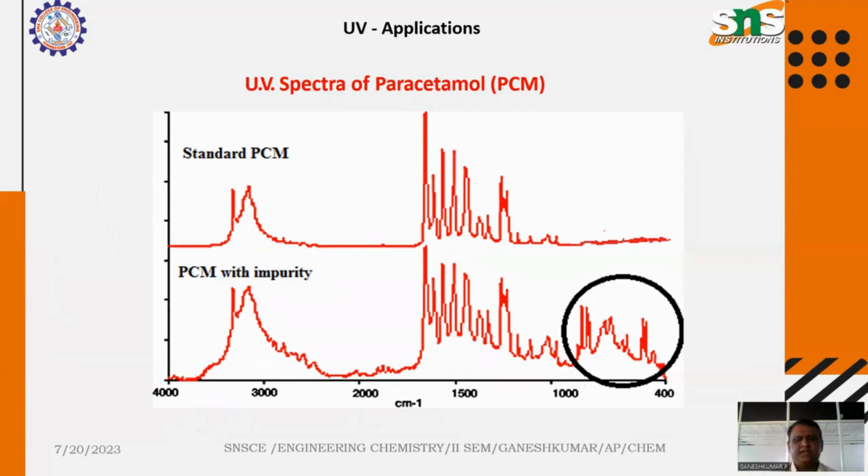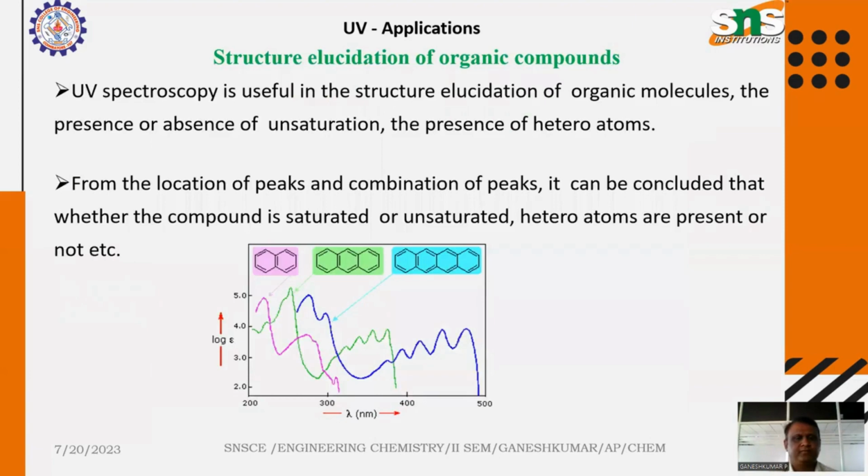In the first one, at the end of the spectrum, there is a straight line. But in the second one, in the range of 1000 to 400 nanometers, there are some peaks which explain that there is a presence of some impurities.